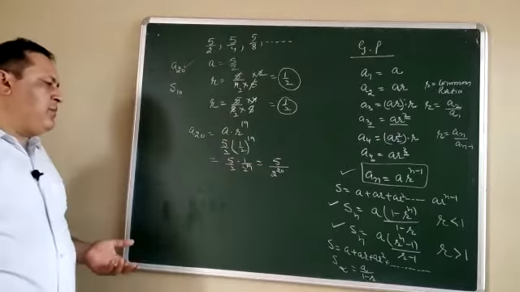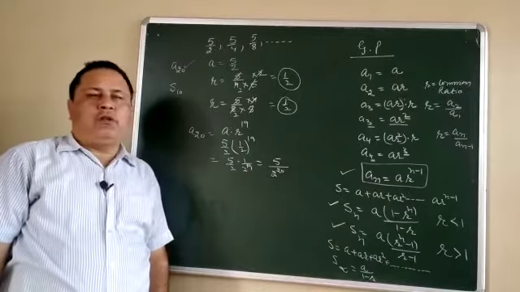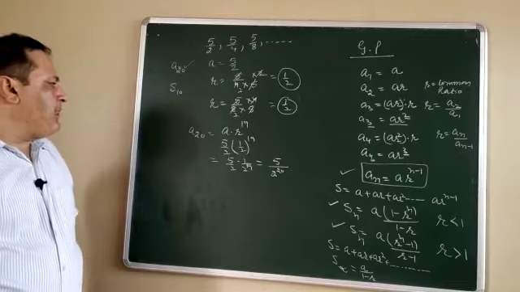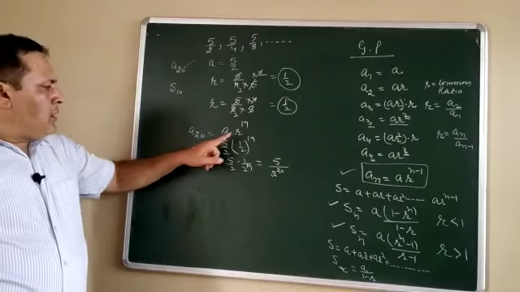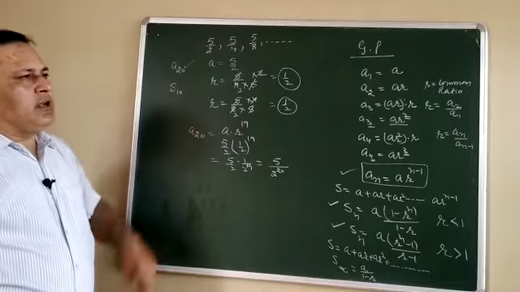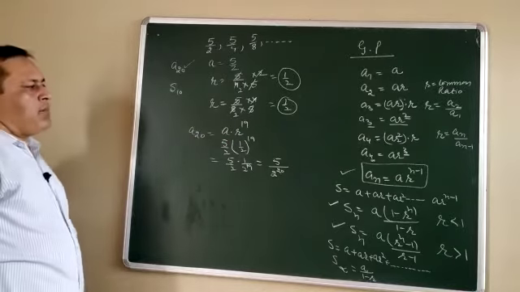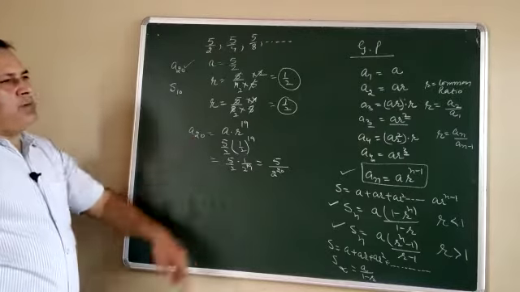Now you can simplify 2 to the power 20, that is 1024 into 1024, and you will get the answer. See this one. It is 20, it is 19, always reduced by 1. The same process applies for the AP. In case of AP we reduce the number by 1, and in this case we reduce the power by 1.